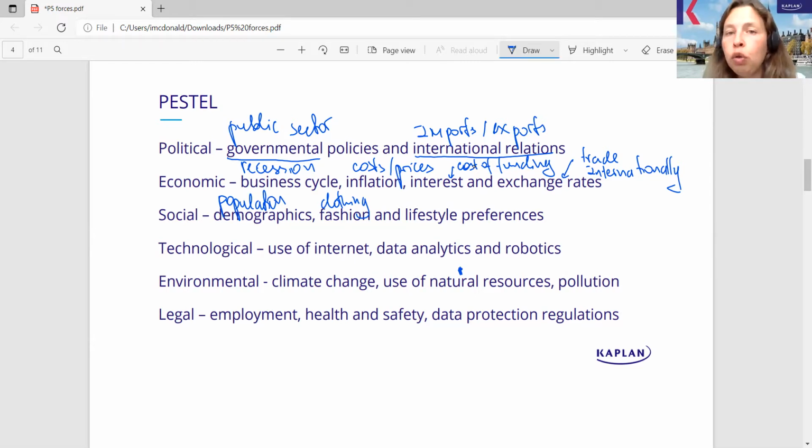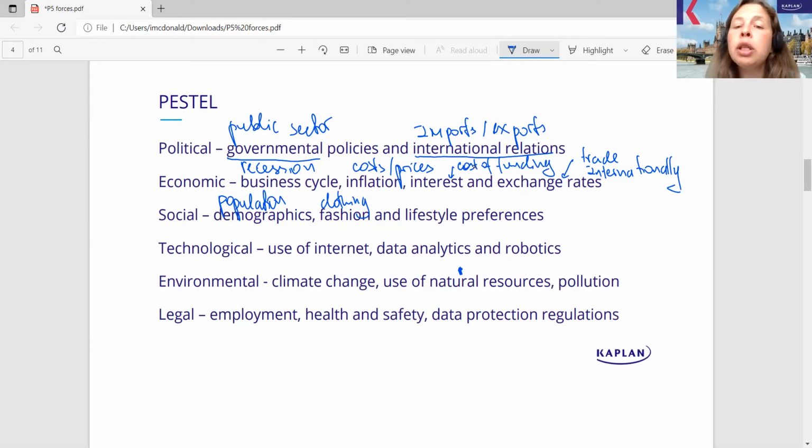Zara is well known for releasing new items every few weeks in line with what celebrities might be wearing, in line with what's happening on the catwalk. So if our customers are very fashion conscious, being able to respond to changes in fashion quickly gives us an edge over the rest of our industry.